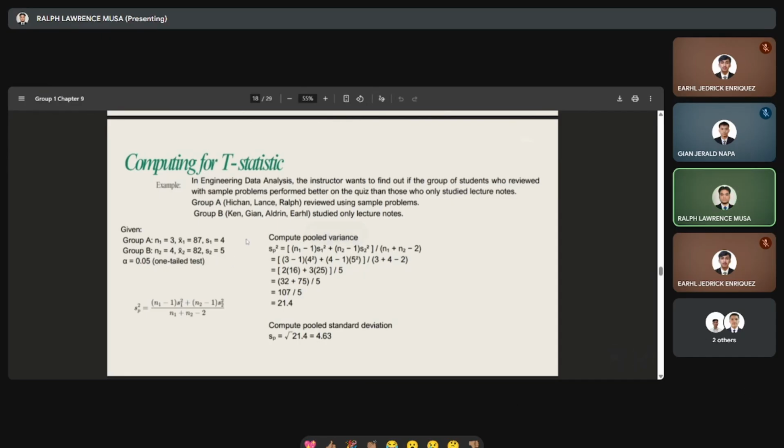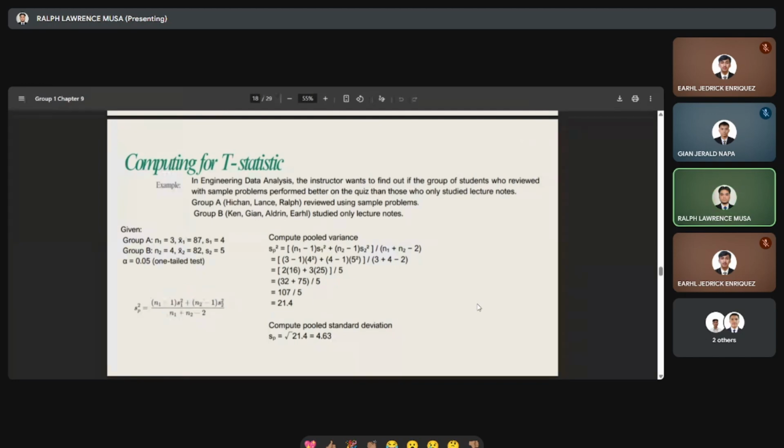For computing pooled variance, we're going to use this formula: n sub 1 minus 1 times s sub 1 squared plus n sub 2 minus 1 times s sub 2 squared, all over n sub 1 plus n sub 2 minus 2. Substituting the values, it will be 3 minus 1 times 4 squared plus 4 minus 1 times 5 squared, all over 3 plus 4 minus 2.